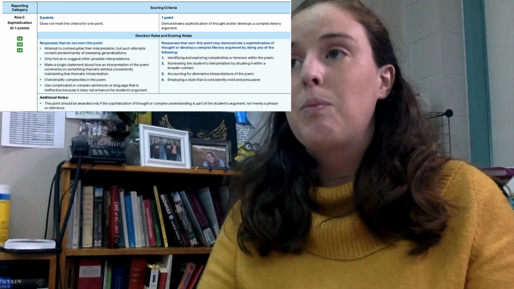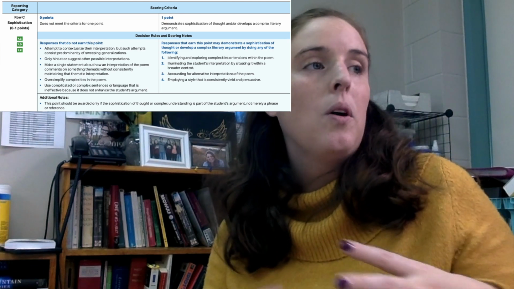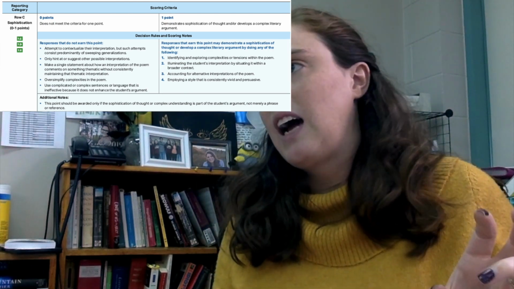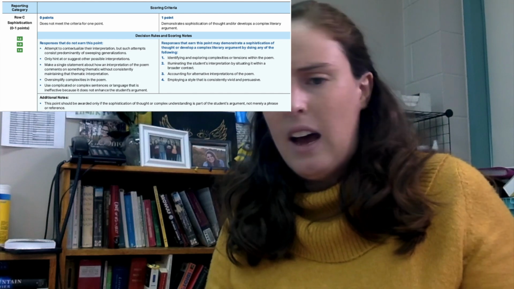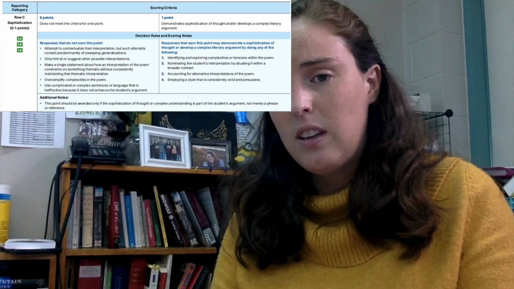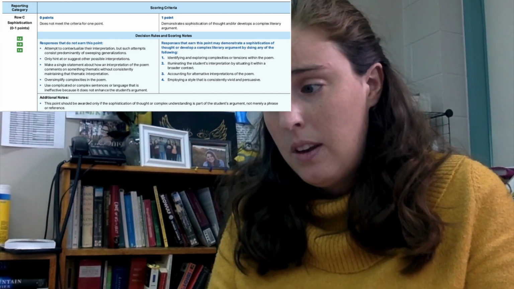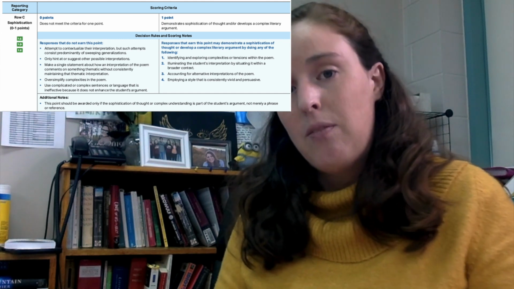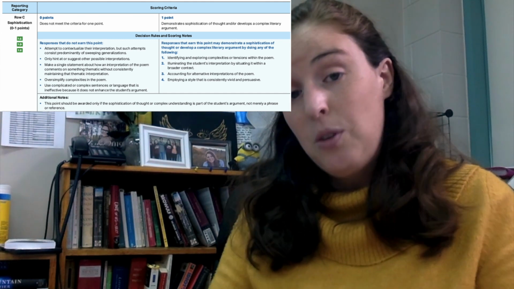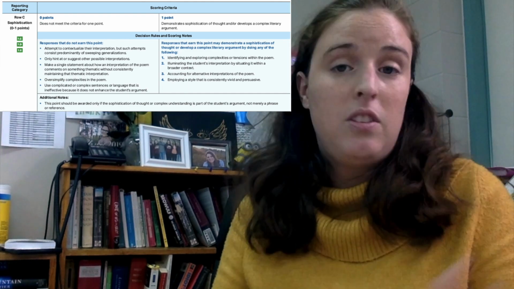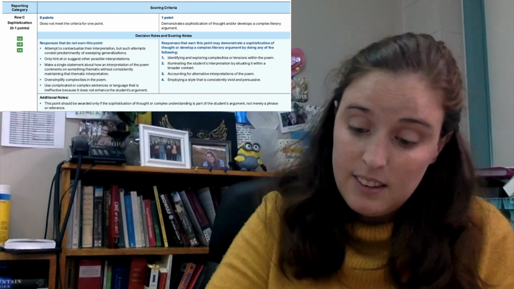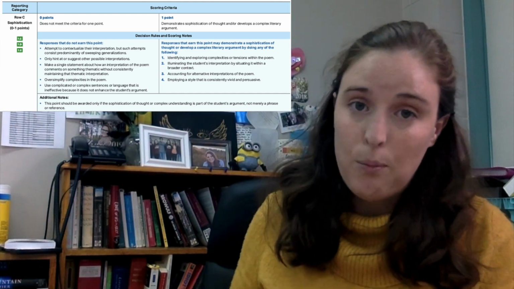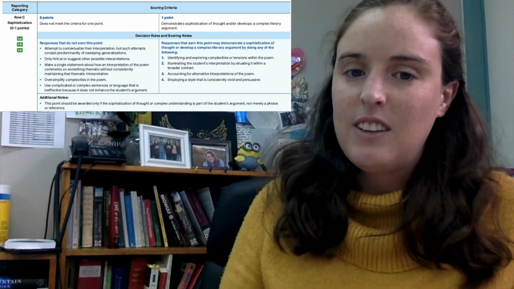So if you're just mentioning, like, this poem on friendship is actually looking at how a society that focuses on individualism makes it hard for people to have meaningful connections. If you just say that, well, it's still a 0. You have to consistently keep returning to that point to be able to get the sophistication point.